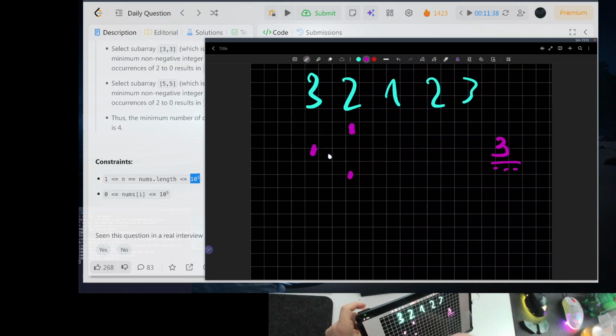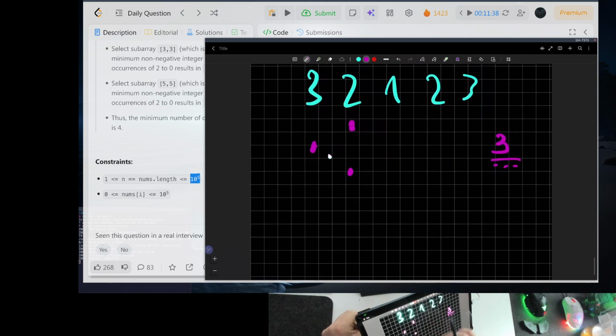Now we see the number 2, and we can derive an intuition from this 2. The 2 is less than 3. That means if we choose any subarray, we have to pick the number 2, and that means the number 3 will be a separate operation.